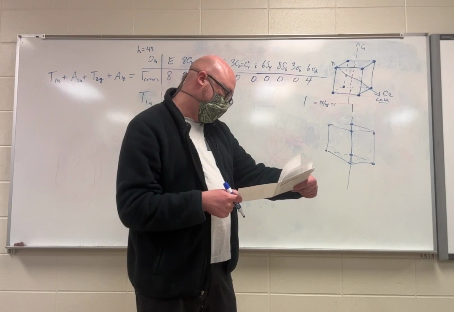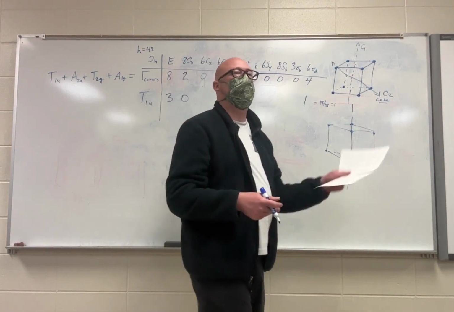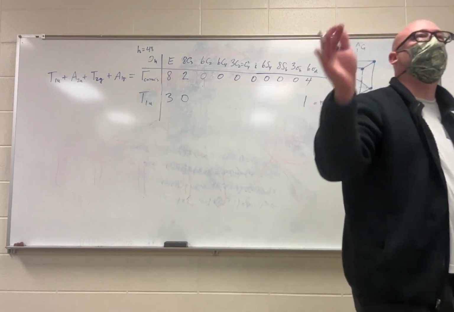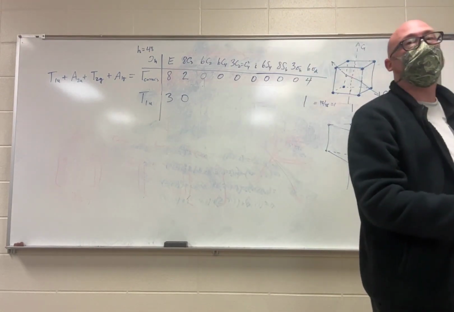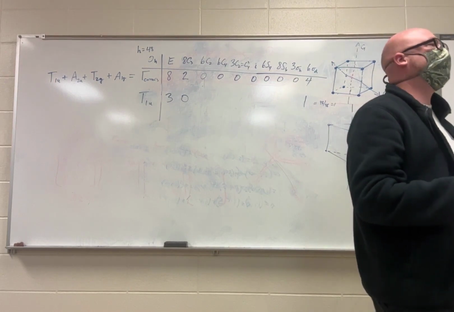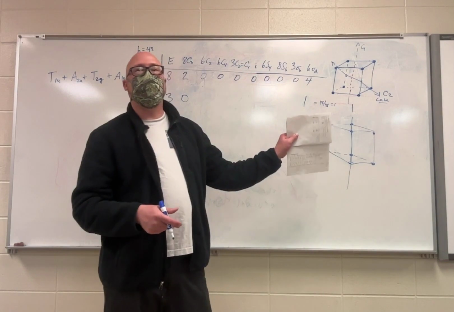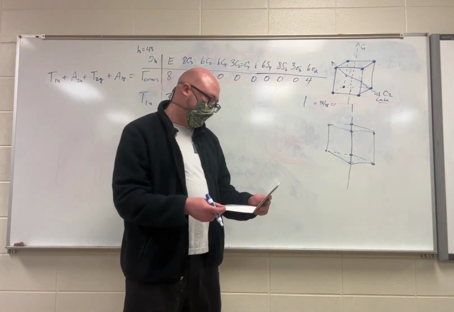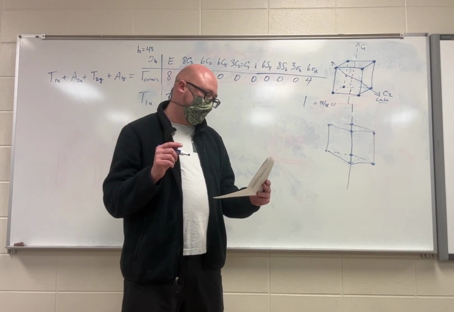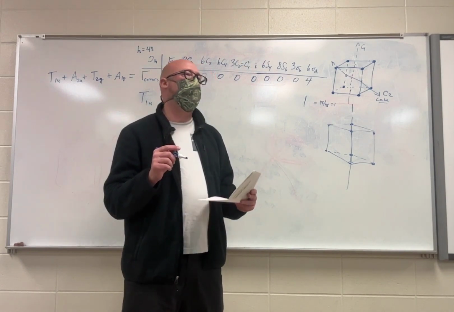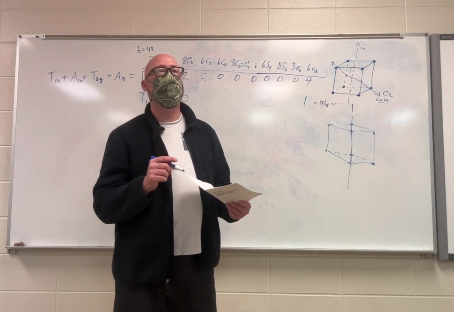And then the only other kind of oddball, at least in terms of your character tables, you could certainly have higher dimensional point groups, but if you look at the icosahedral point group, which does come up from time to time, not too frequently, but we have a character table for the point group IH, you'll notice that there's some irreducible representations with a dimensionality of 4 and 5, right?